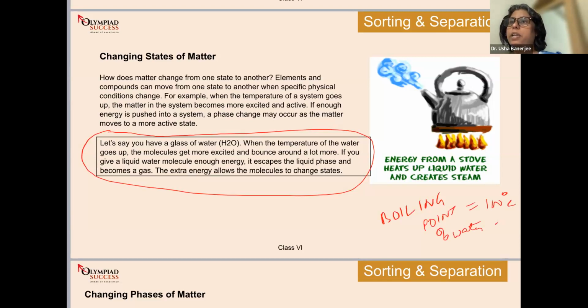Rushank wrote evaporation. Now, what is evaporation? Your mother keeps your wet clothes outside for drying, right? What is the difference between evaporation and boiling?